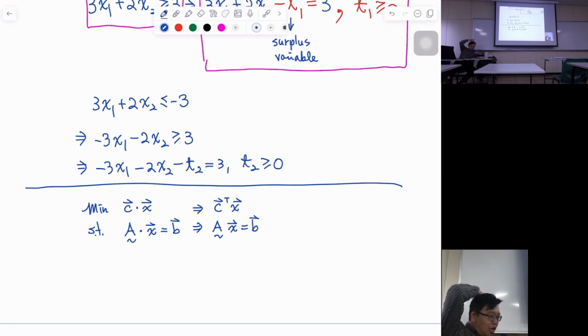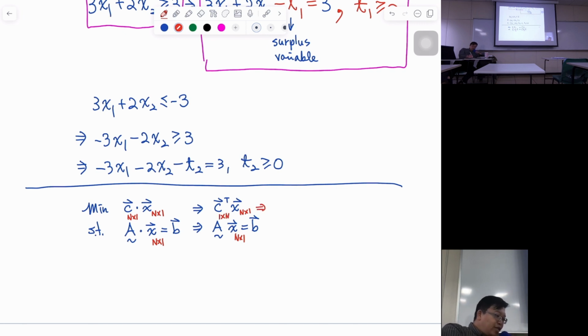So if we check the dimension of everything, X is an n by 1 matrix. X is n by 1, right? And I'm writing n by 1 here. So C is supposed to be n by 1 as well. When you transpose on the right hand side, then it's going to be 1 by n, right?